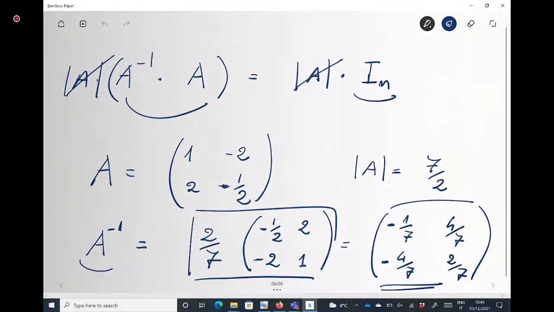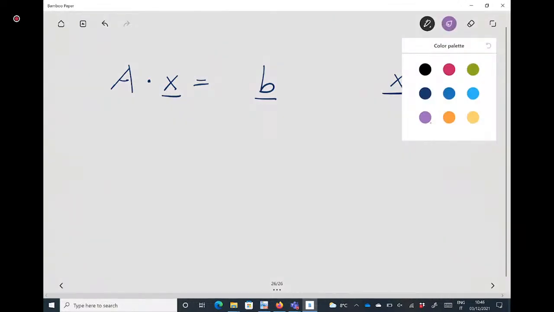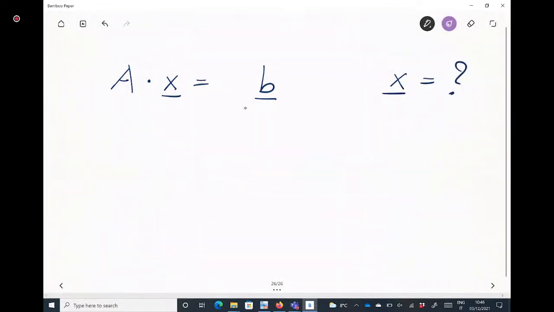Take our original system. Our original system was AX equal to B. What is X, the solution? We can solve this by simple substitution, by Cramer's rule, but we can also left multiply both this side and this side by the inverse matrix.